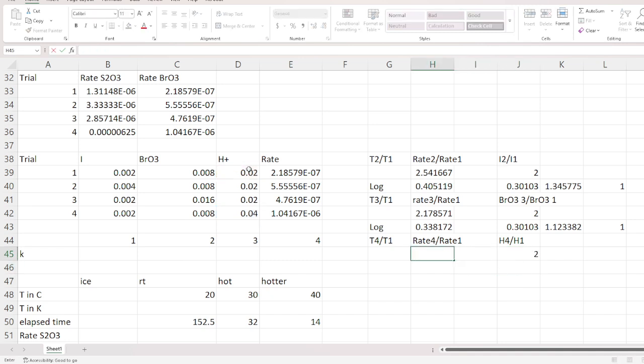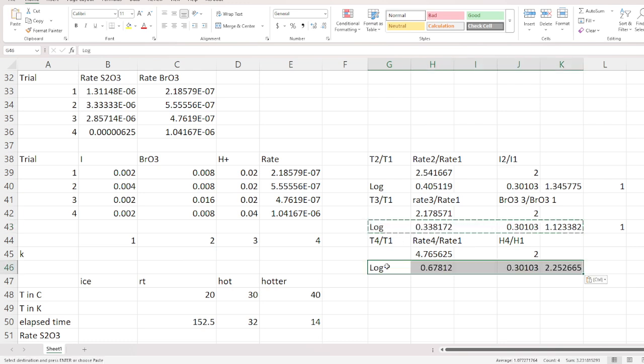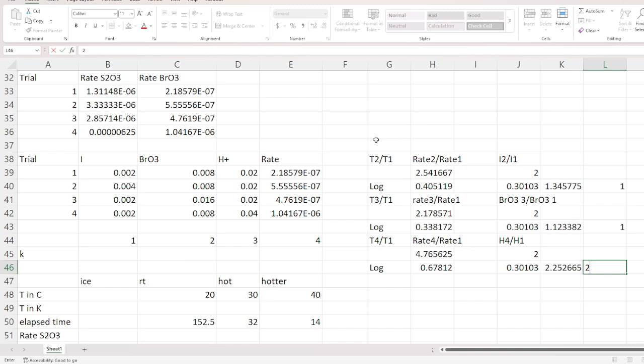Now, this person's numbers may not match your numbers, so check your numbers. Do your thing. Now, I'm going to copy this over one more time. So that's about 2.